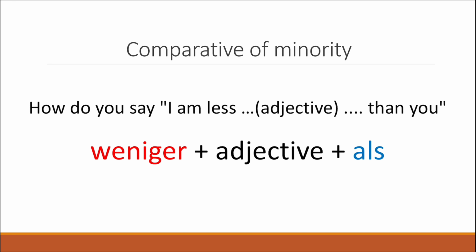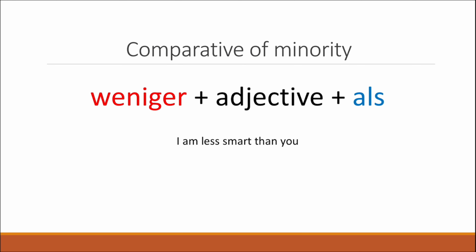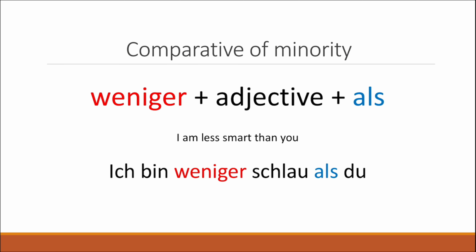So we're firstly going to say weniger, followed by the adjective, followed by als. Here's an example. In order to say I am less smart than you, you're simply going to say ich bin, and then you're going to apply the construction weniger schlau als, and then you're going to end your sentence with du, because you're making a comparison between my intelligence and yours.